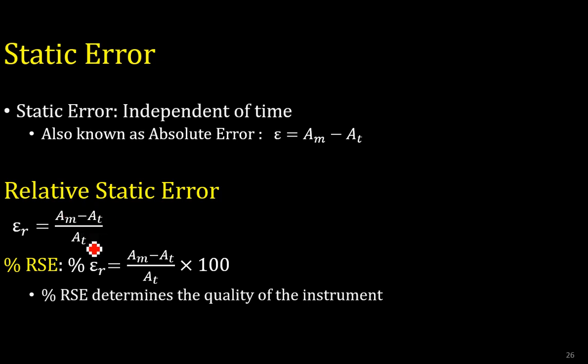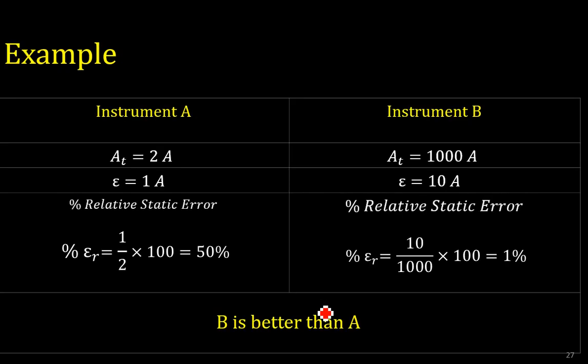You have the error, and when you calculate it with respect to the true value, you will get the relative static error. And once you convert this relative static error into percentage, you will get percentage relative static error. And this percentage relative static error determines the quality of the instrument that you use. So we'll see how you can explain the quality of the instrument.